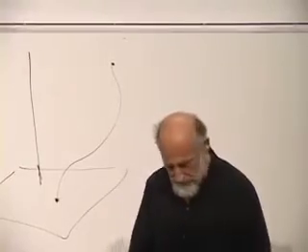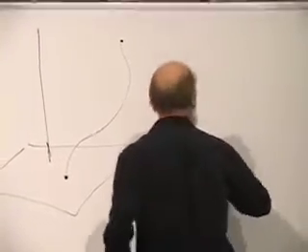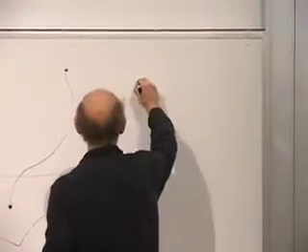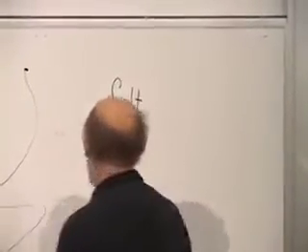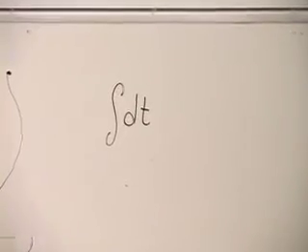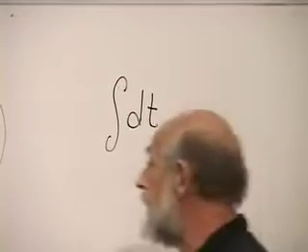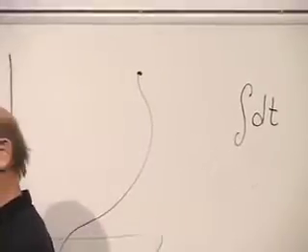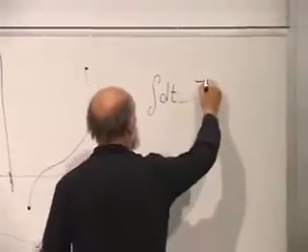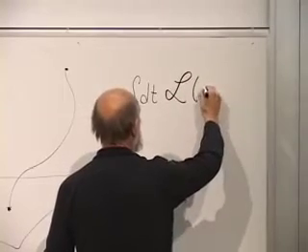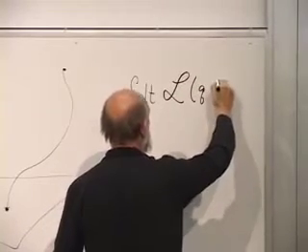Now, what is the action? The action always has the form of an integral over time, dt, of something that's called a Lagrangian. The Lagrangian is something that's made out of the Q's and the Q dots. So it's some Lagrangian, which depends on Q and Q dot.